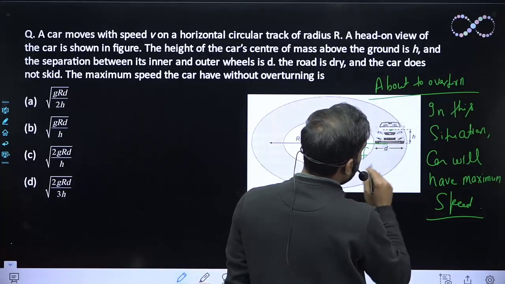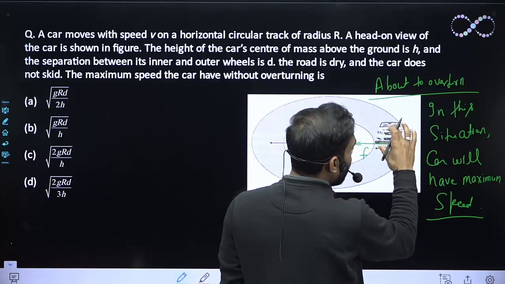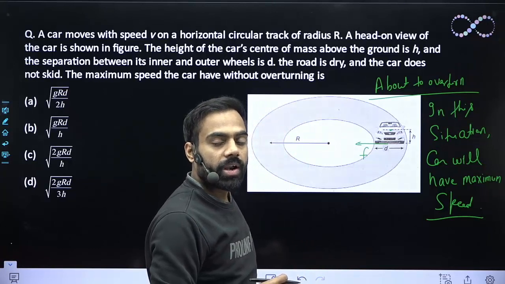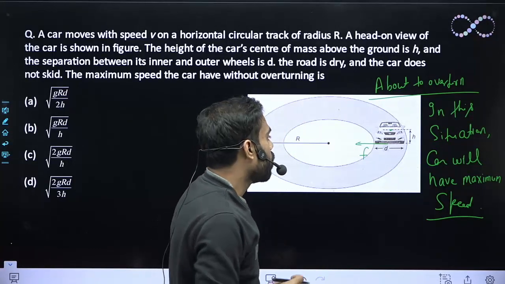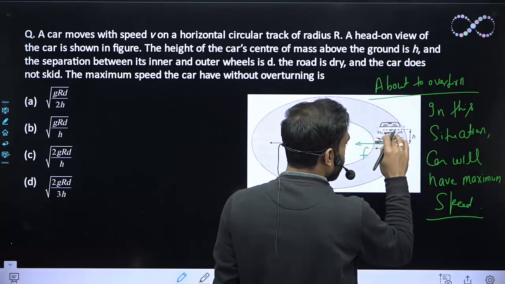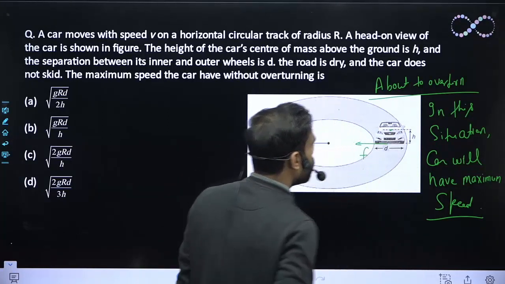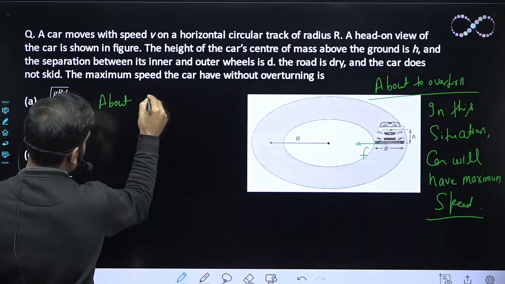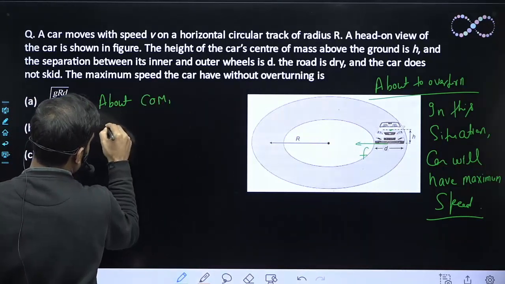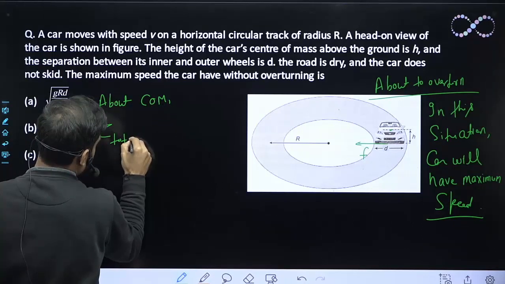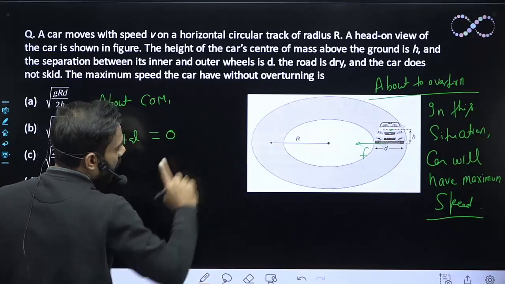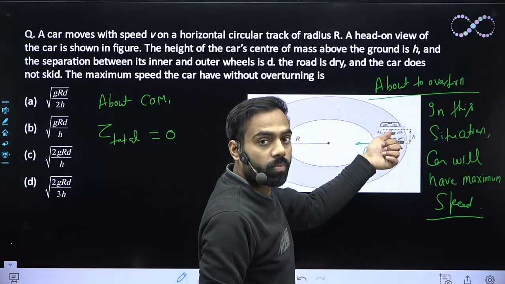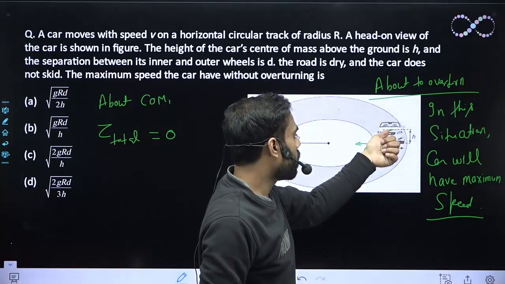Now the car is having only the translational motion, it is not having the rotational motion. So the net torque about any point will be 0. If I take about the center of mass, the net torque should be 0 because it is having only the translational motion. mg is passing through the center of mass, so there is no torque due to mg.